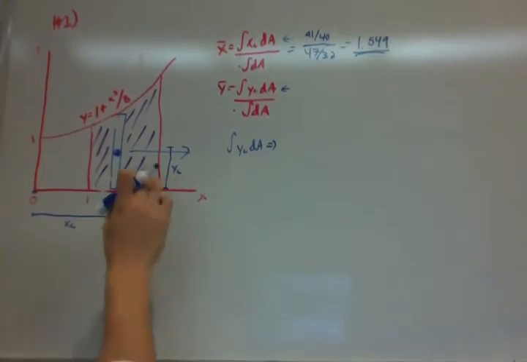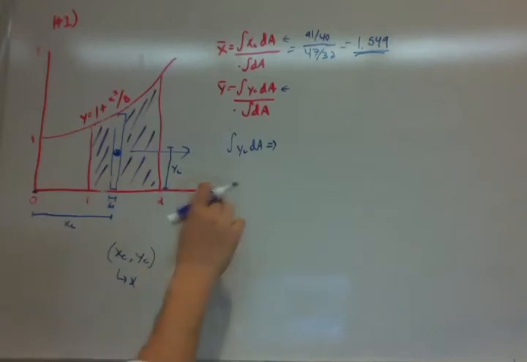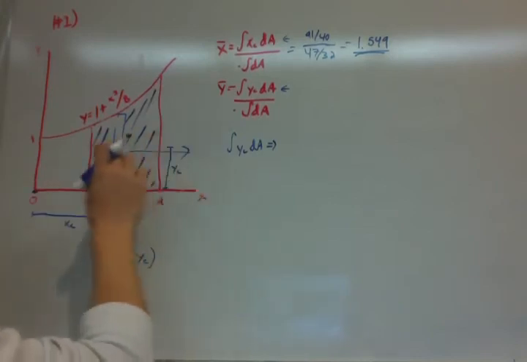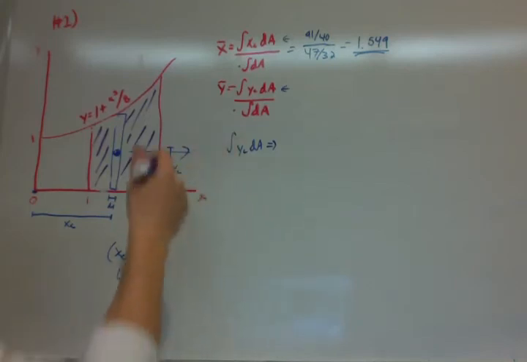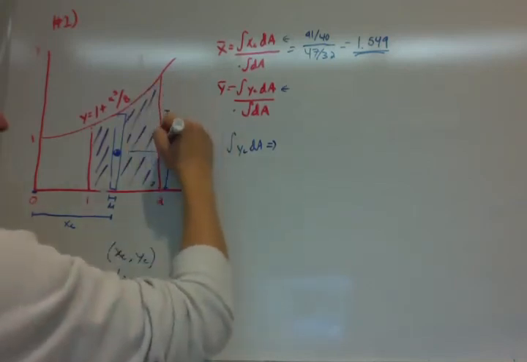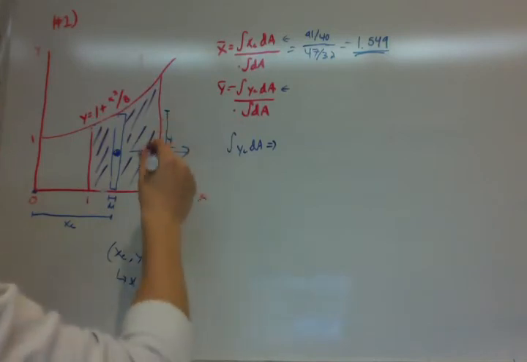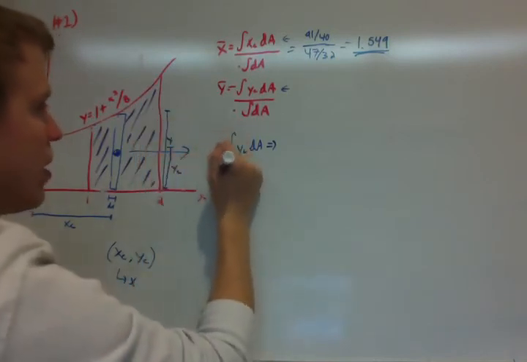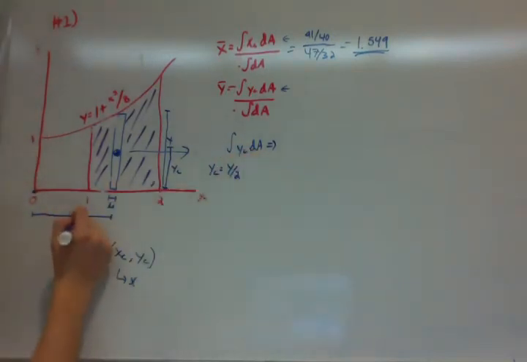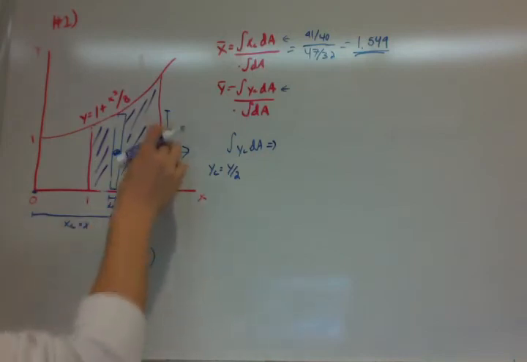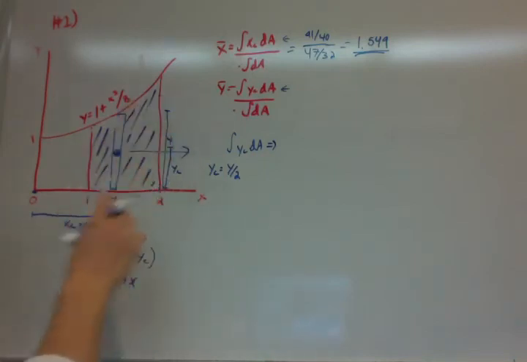So yc is the distance from the origin plane, the x-axis, to the center of gravity of the shape, which is, in this case, they tell us that this distance here is y. So our yc is going to equal y over 2, right? So we knew that xc is just going to equal x because that's the distance that we've gone, and yc is going to be y over 2 because it's halfway of the height of the area that we are using.